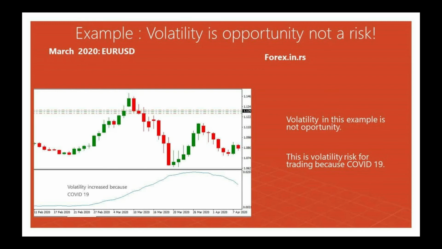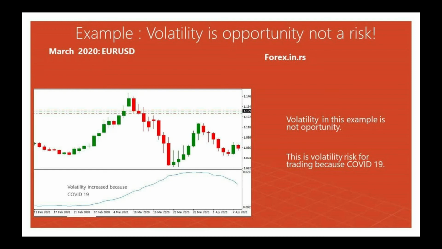And I wrote on this chart, volatility in this example is not opportunity. This is volatility risk for trading because of COVID-19. So, because of COVID, we have right now on this chart just a proof that the market started to be a little bit crazy.